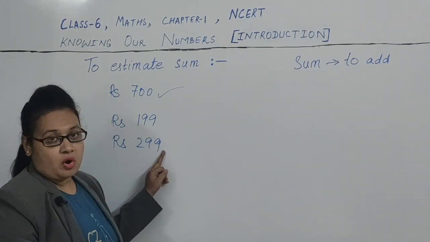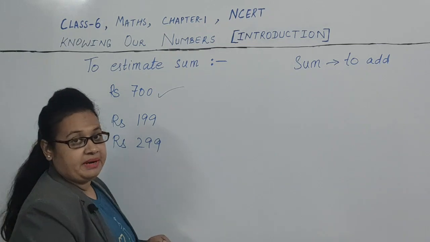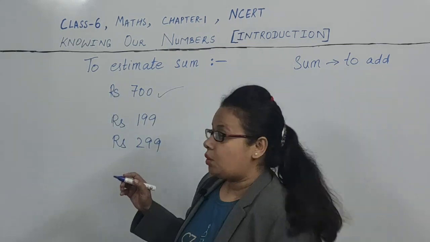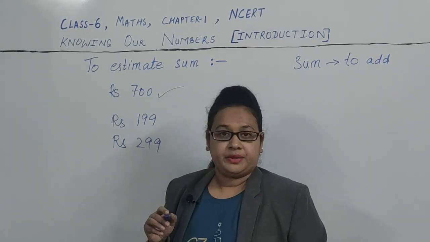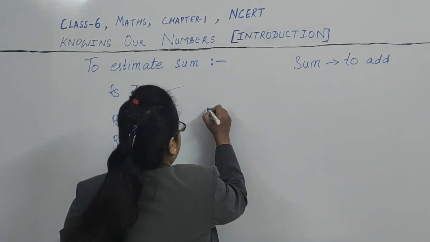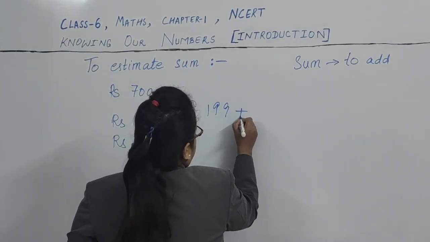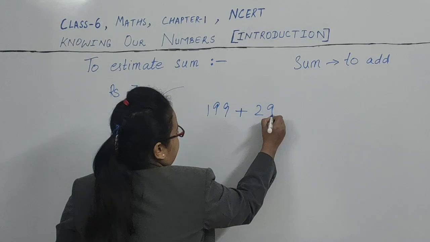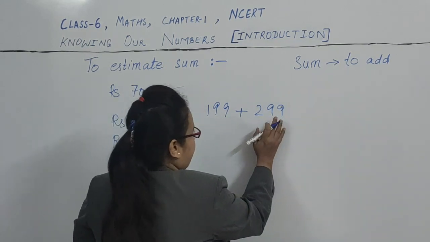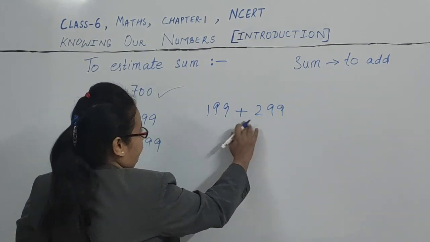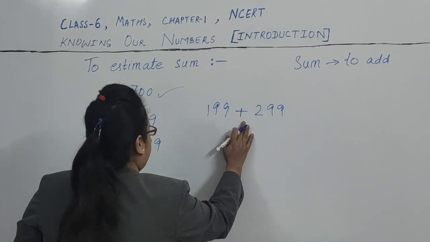So in that case, you will estimate the sum. So what is the actual sum you want? You want to find the sum of 199 plus 299, but you don't have enough time to add.